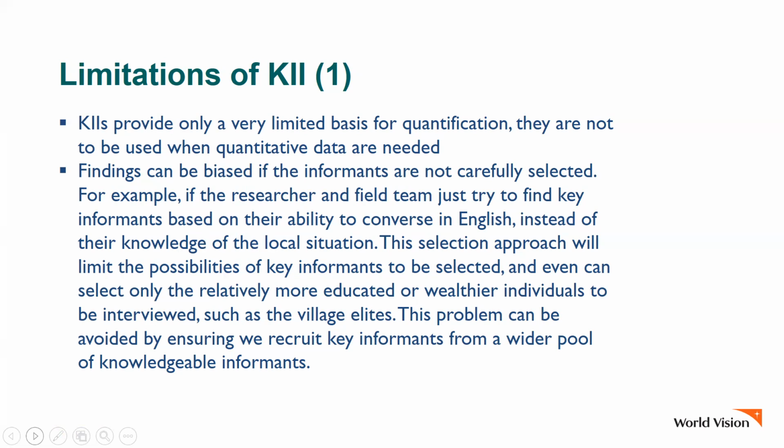And even maybe they only select people who are relatively more educated or wealthier to be interviewed, such as the village leaders or village elites, rich people in the village. But this problem can be avoided by ensuring that we recruit key informants from a wider pool of knowledgeable informants.